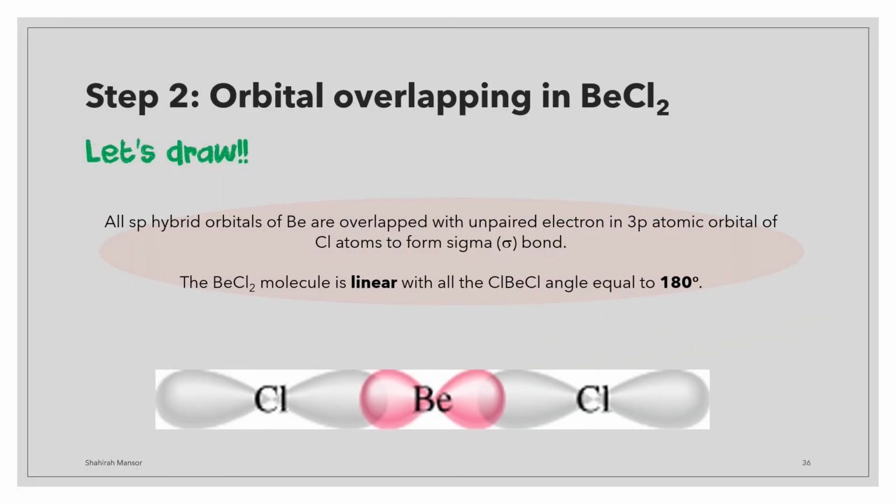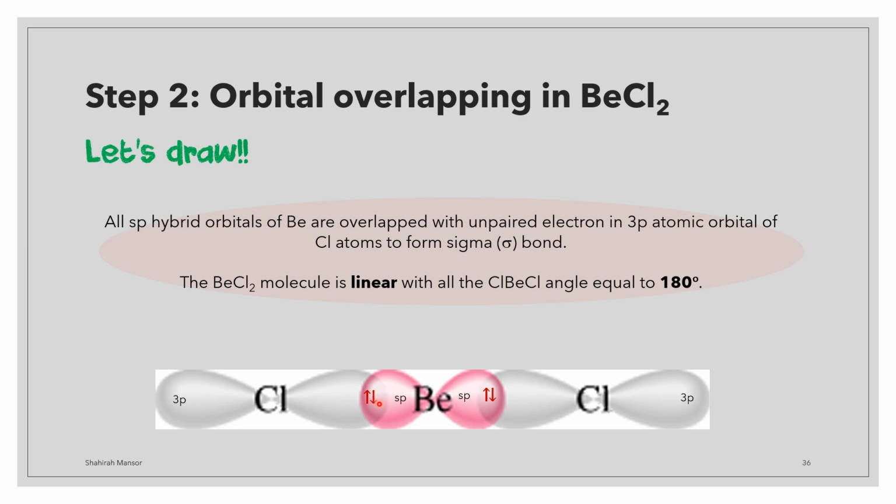Bila awak nak lukis orbital overlapping, kita akan mulakan dengan drawing the sp hybrid orbital for beryllium that is linear shape. Labelkan the orbital as sp on both sides and then draw the shape of pure atomic 3p orbital of Cl at both sides as well. Dan labelkan sebagai 3p and then draw the area of the orbital overlapping dan mengandungi sebanyak sepasang elektron, and then kita akan dapatlah gambar rajah orbital overlapping of this hybrid orbital.